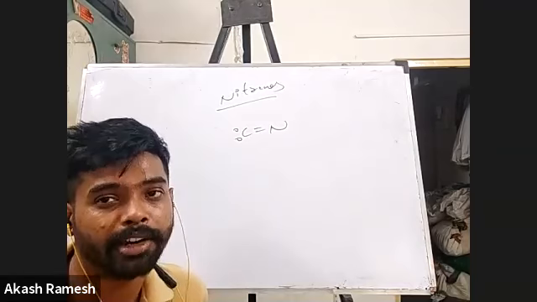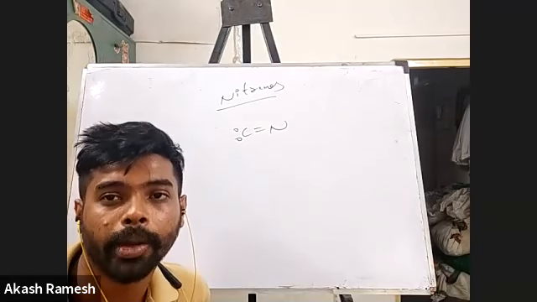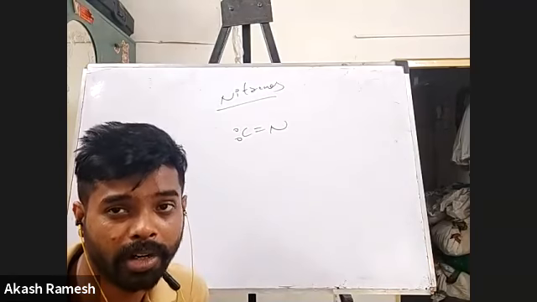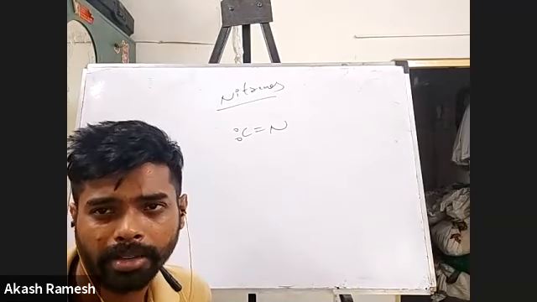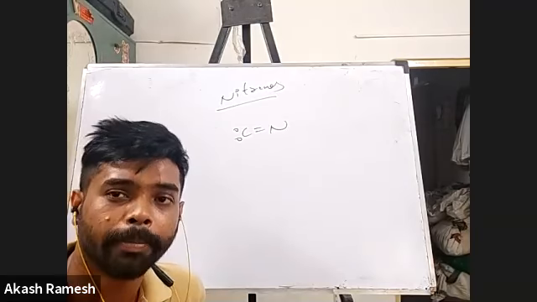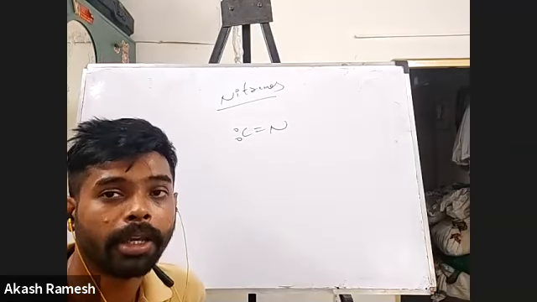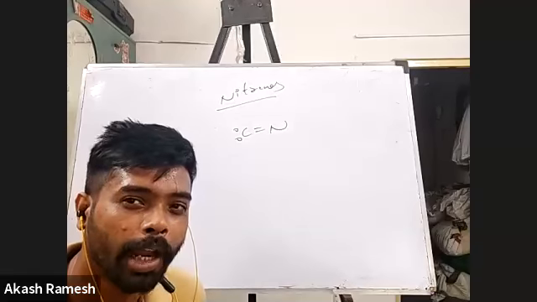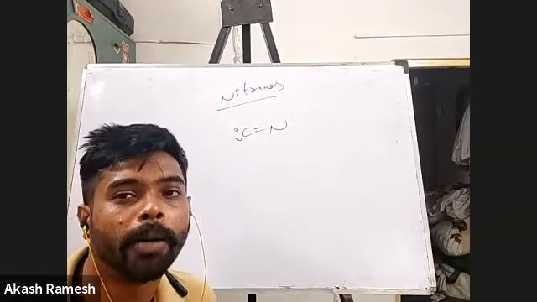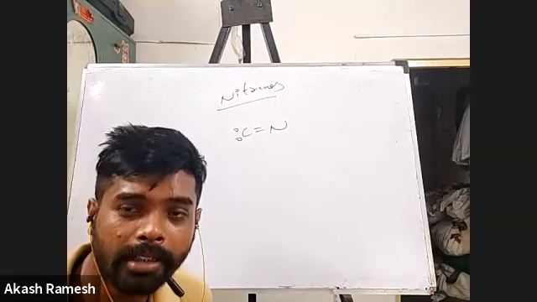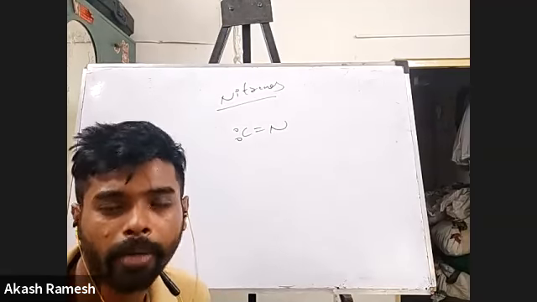One of them will be say 80%, and 20% will be another product, indicating that the first one is the major product, the second one is the minor product. So depending on what the major product is, you'll be able to decide which carbocation is predominantly formed in the chemical reaction. That is one thing. The second thing is, why is it that that carbocation only is formed and not the other one?